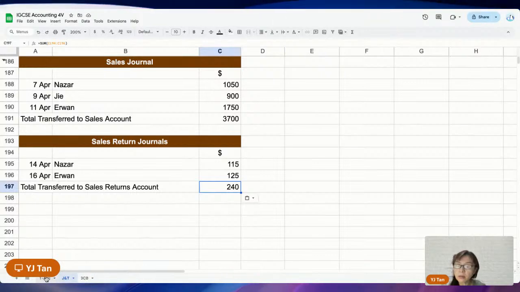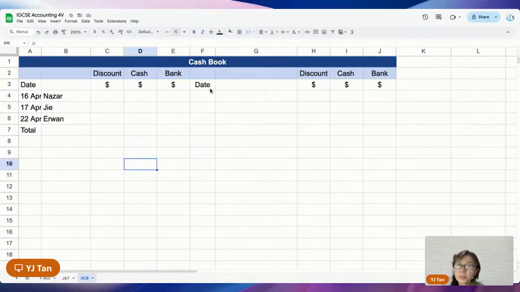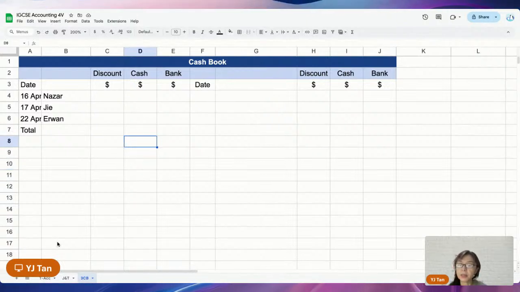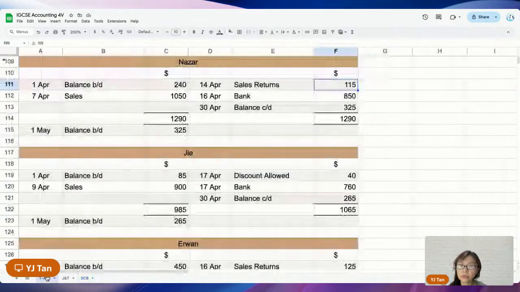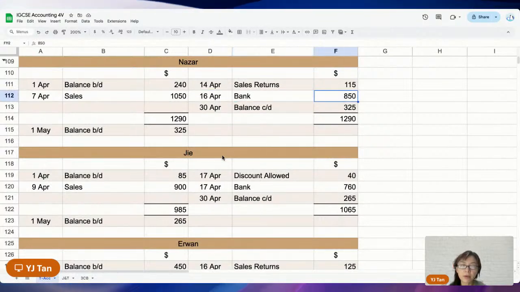Okay, now we need to continue with the cash book. This cash book is a three-column cash book. So have a look at what happened in the cash book, whether they paid or not. Go to NASA, there is a bank, 850.